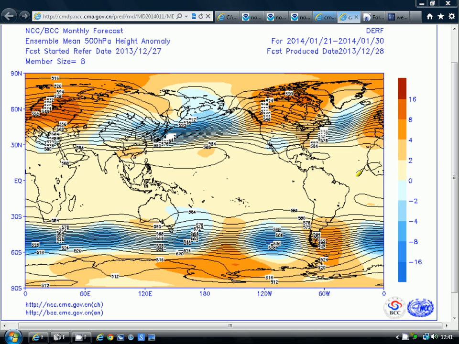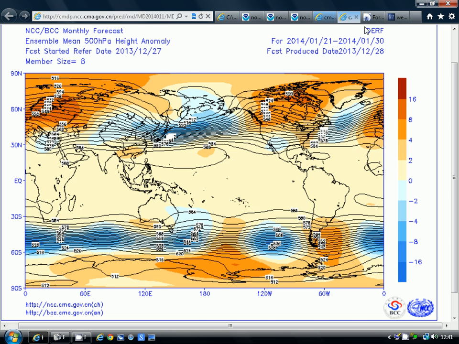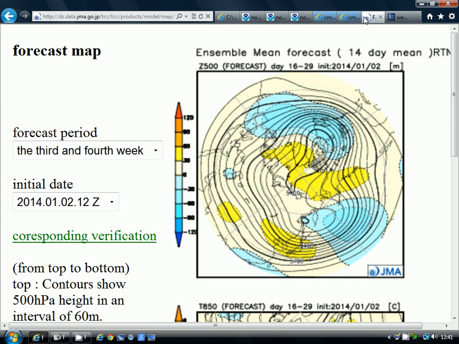It would depend on the exact wind direction. If winds are more southerly, then it wouldn't be desperately cold, but if winds are easterly, then yeah, we could very much in theory have quite a cold final 10 days of the month to January. So that's a little bit interesting, a little bit different from the Beijing Climate Centre there.